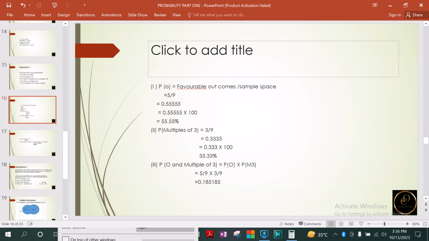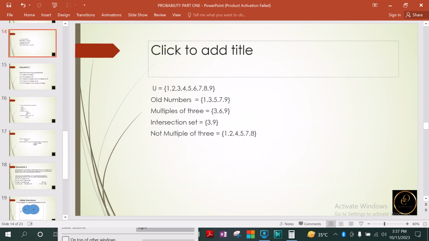odd numbers is 0.55. Event even numbers, if we can find even numbers, let me just calculate. Even numbers, there are 2, 4, 6, 8.